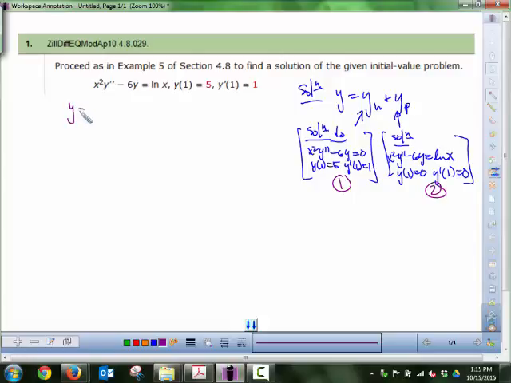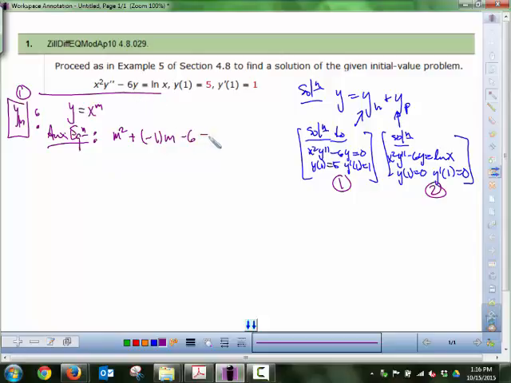This is step 1. We're going to assume that y is equal to x to the m is your solution, and then we get the auxiliary equation: m squared plus 0 minus 1 m, so m squared minus m minus 6 is equal to 0.